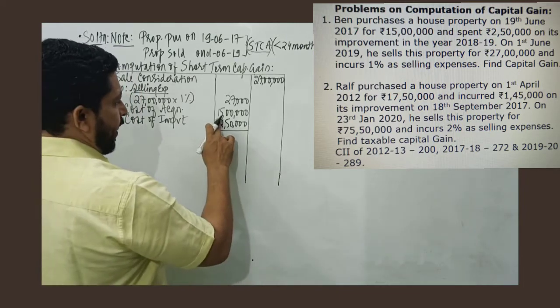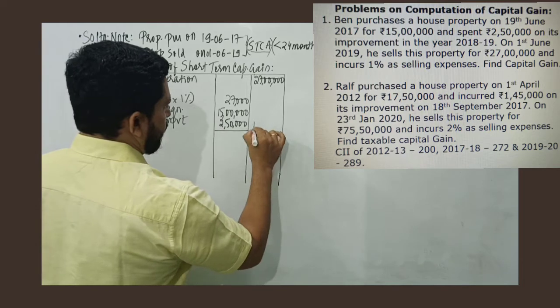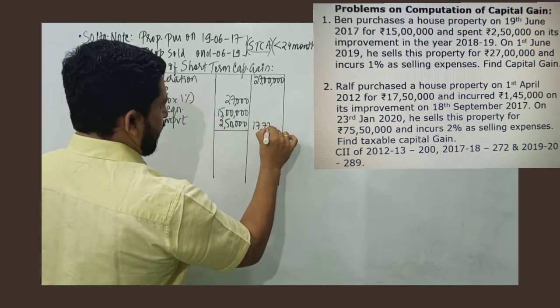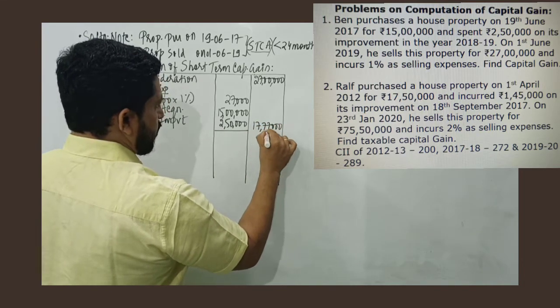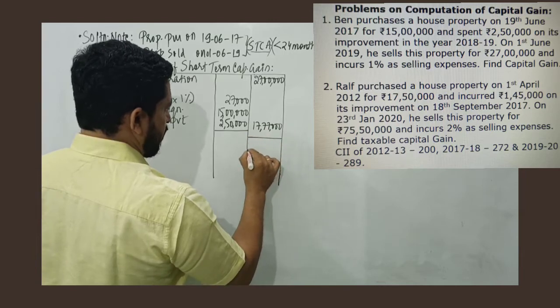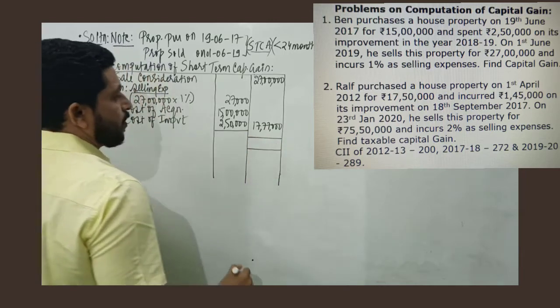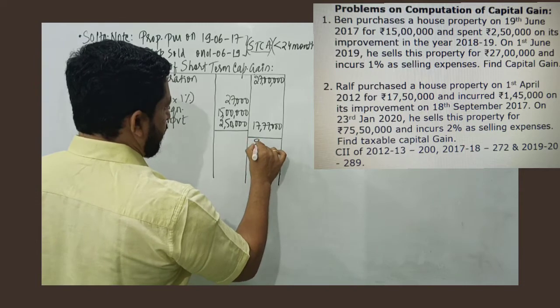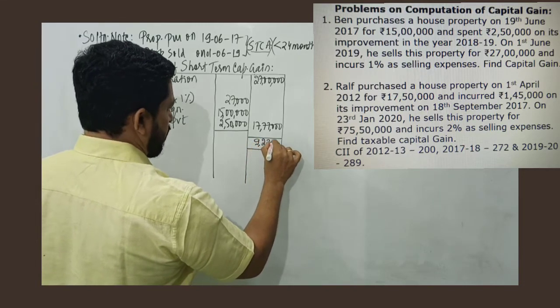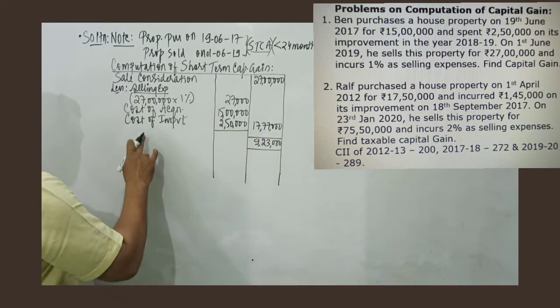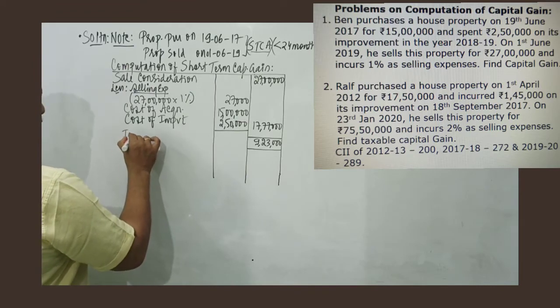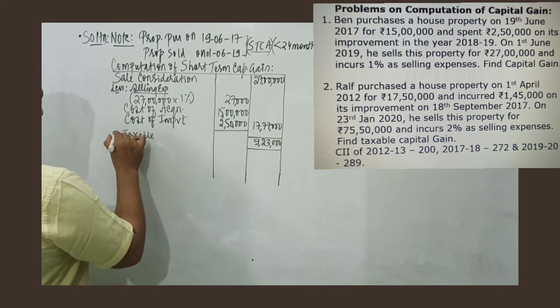So total amount to be deducted is 17 lakh 77,000. So the amount after deduction would be 9 lakh 23,000. And this 9 lakh 23,000 will be taxable short-term capital gain.